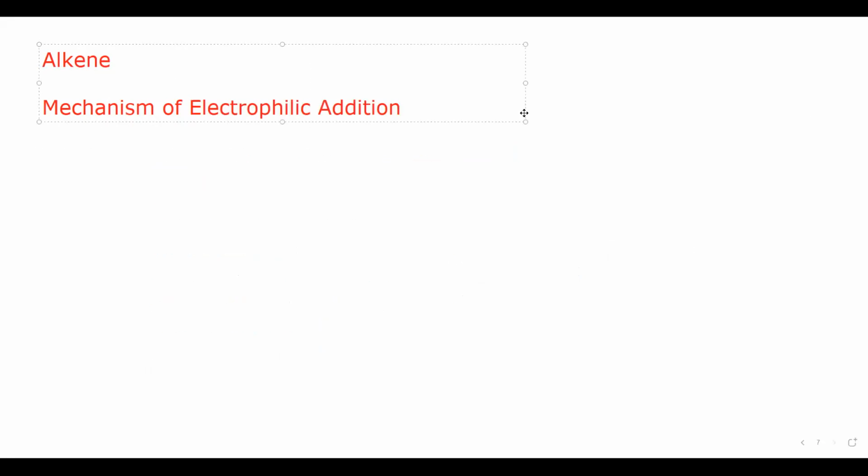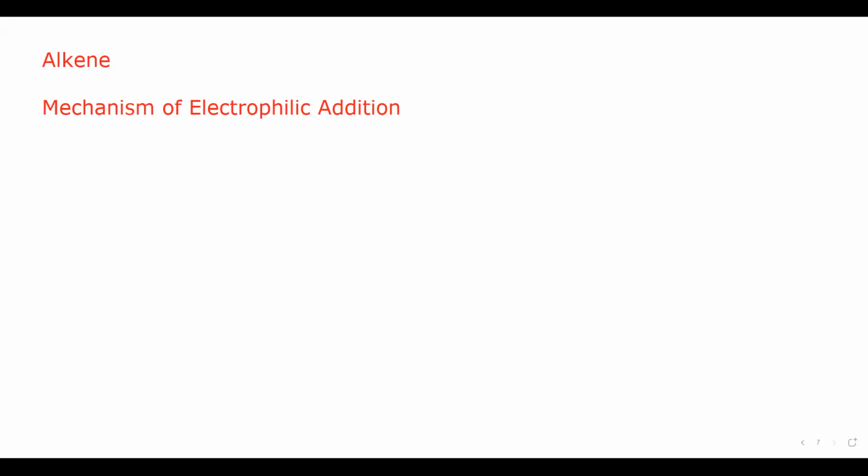Electrophile means electron loving, like the ion, charge or atom which is attracted towards electrons. The opposite of electrophile is nucleophile, which means nucleus loving. The nucleus has a positive charge, so nucleophiles are attracted towards positive charge, and electrophiles are attracted towards negative charge, the electron rich side.